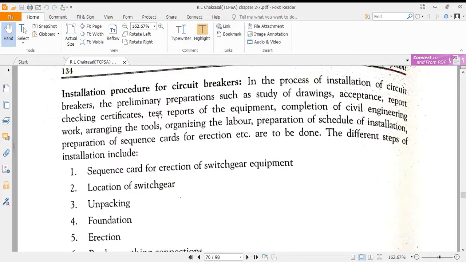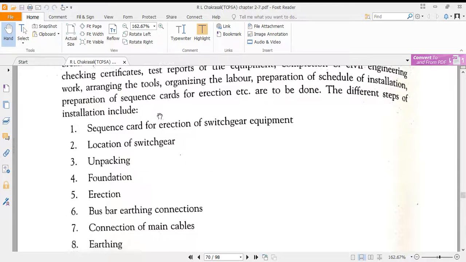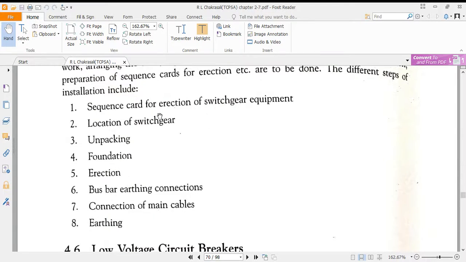Preparation of the sequence cards. This is an old system actually, sequence cards. Nowadays it is all computerized. These are the list of different steps while installing the circuit breakers. Sequence card for erection of switchgear equipment.